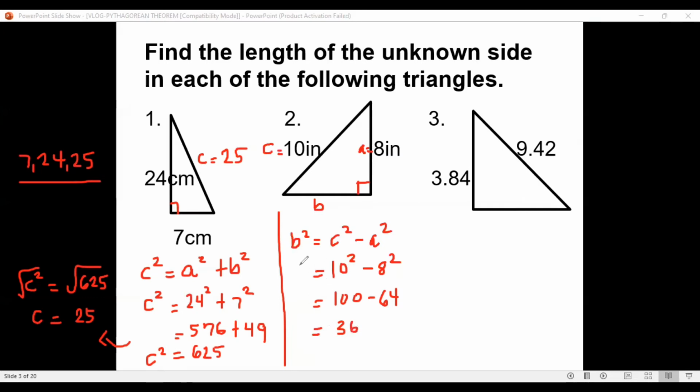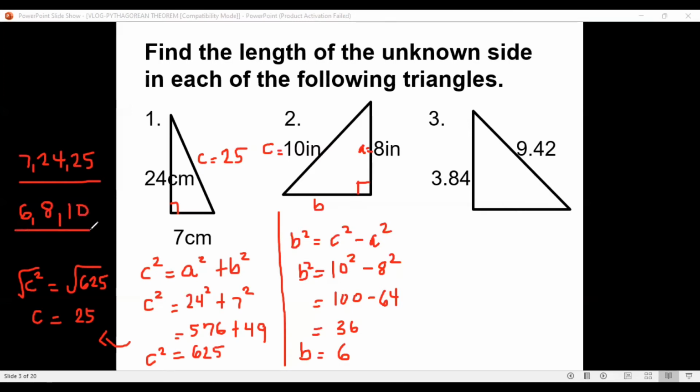But since this is equal to b squared and we are trying to find b, you have to extract the square root of 36, and the answer is again a whole number, which is 6. So we can add that to our list of Pythagorean triples: 6, 8, and 10.